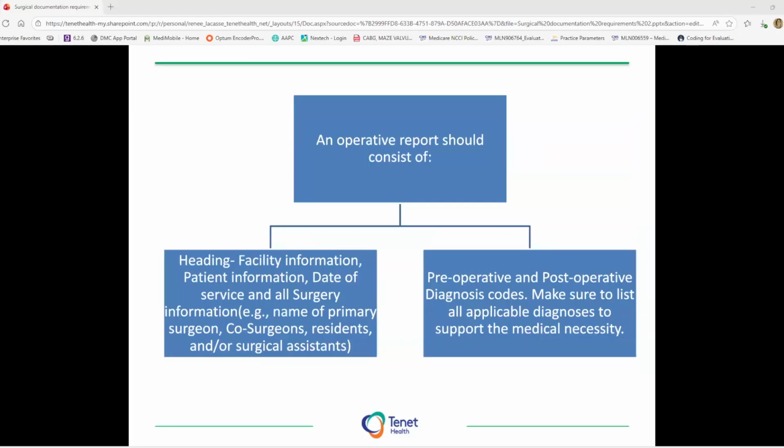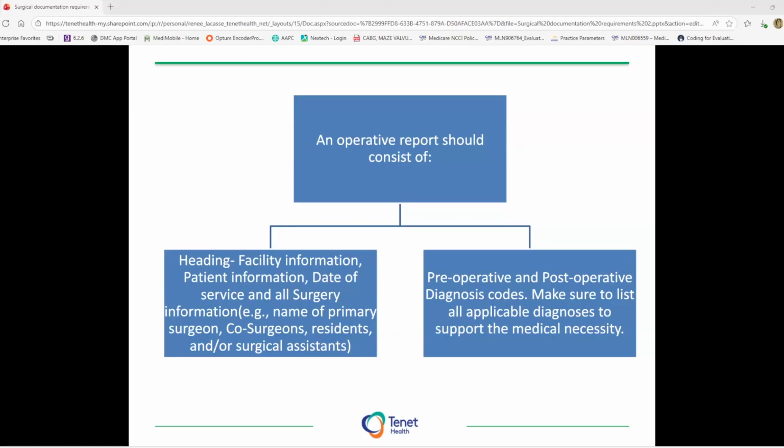Your report should include a heading section. You want to make sure that you have your facility name and location, the patient information, their name, their ID, demographics, the date of the service, surgery details. That's going to consist of your primary surgeon, any co-surgeons, residents involved, surgical assist.